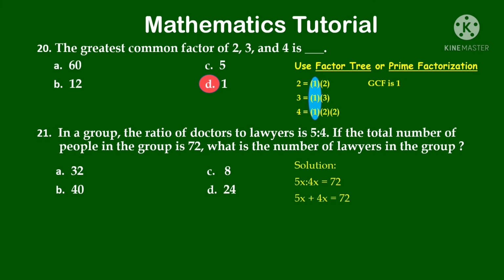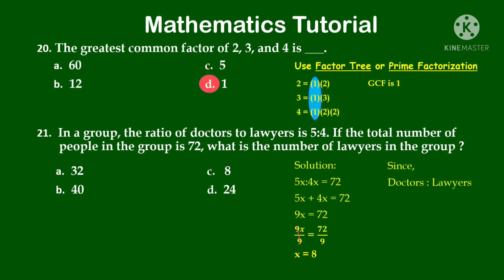We're going to add the two groups of people. So 5x plus 4x equals 72 becomes 9x equals 72. 9x divided by 9 to eliminate 9 to get the value of x, 72 over 9. Then we have x equals 8, because 72 divided by 9 is 8.